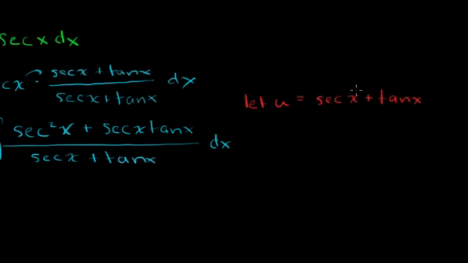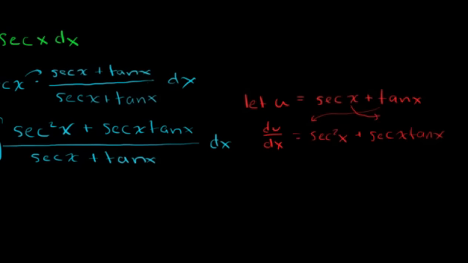If u is equal to that, then we know the derivative of u with respect to x is, I'm going to flip these again, the derivative of tangent, which is secant squared of x, and then the derivative of secant, which is secant x tangent x. So yeah, nothing complicated here. I just took the derivatives.